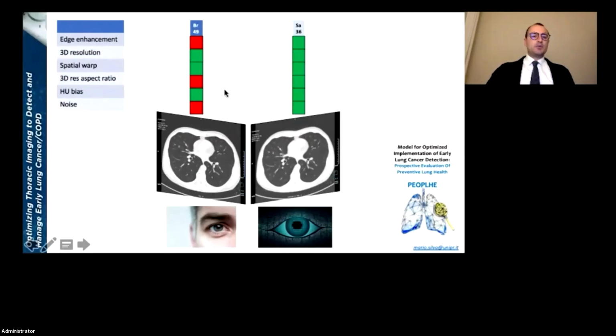For our screening program, we decided to have a double set of reconstructed images, a BR49 and an SA36. The SA36, as you can see, is perfect for quantitative images, and the BR49 is going to give you the extra quality for visual reading.